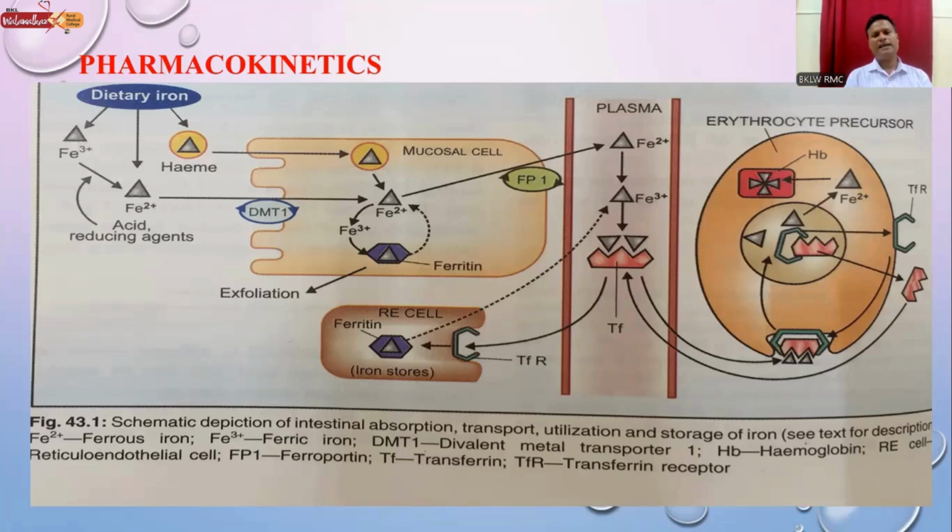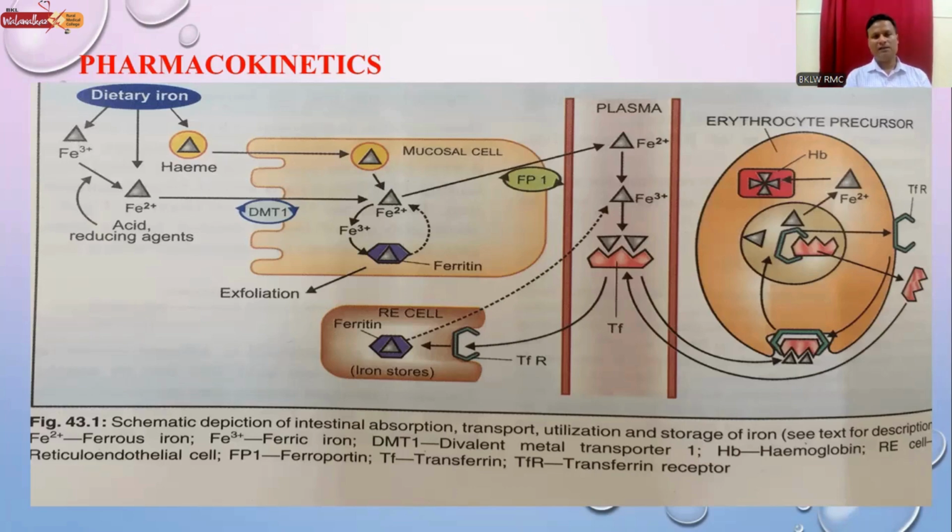Once this ferrous iron is absorbed into the mucosal cell, it is again transported by another transporter, FP1, that is ferroportin, which is present at the basolateral membrane of these mucosal cells, and from there it is carried inside the plasma.